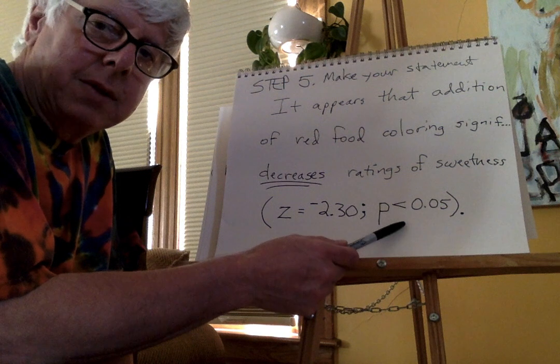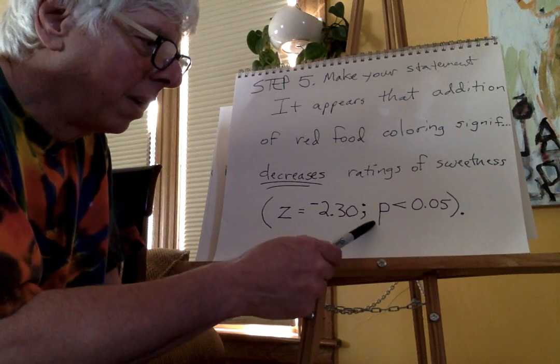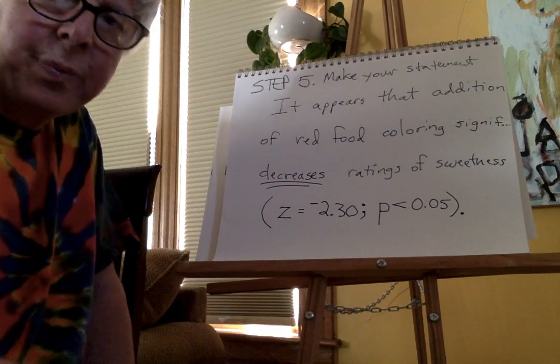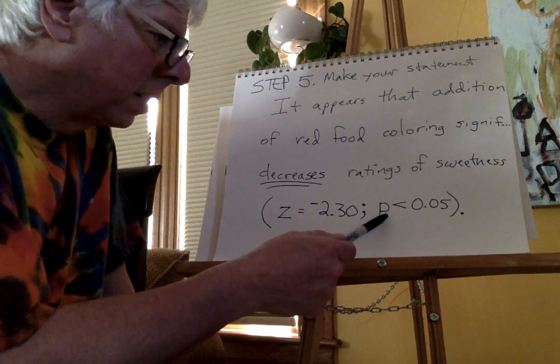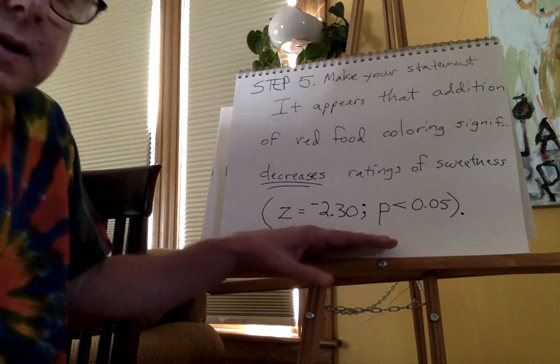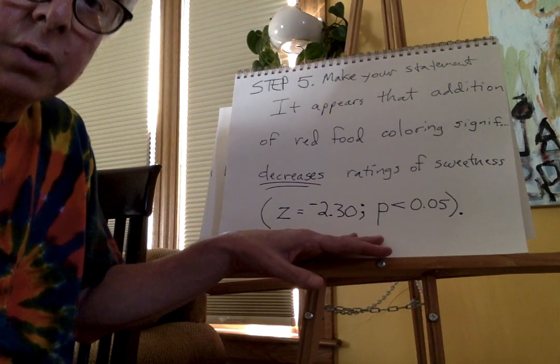I want to go back to this. This is really important here, okay? This p less than 0.05. Of course, it's a probability, p. It's telling me the probability of something is less than 0.05. This is how it's written. This is how you will read it in journal articles.